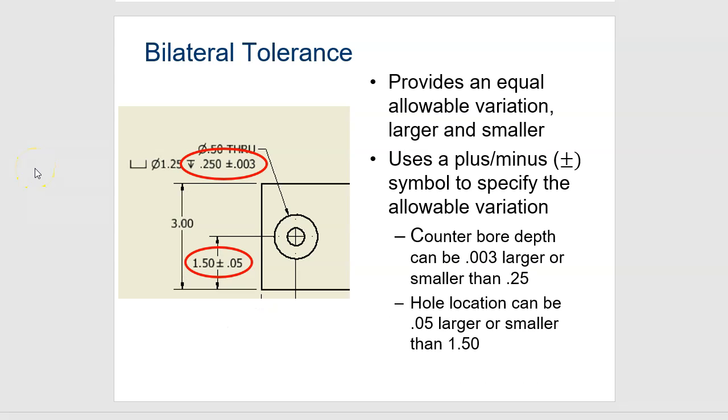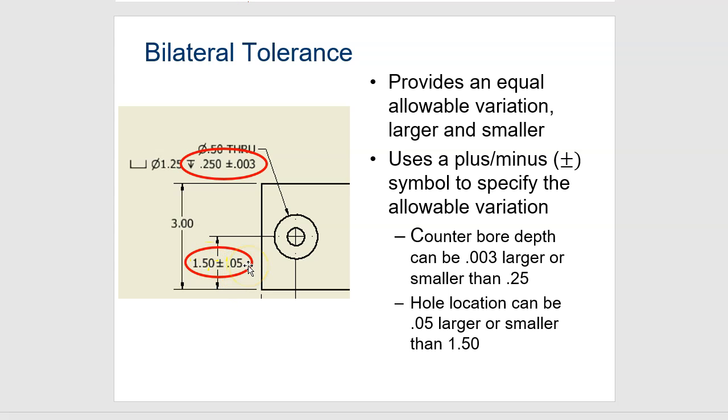Bilateral tolerances include a plus or minus sign, and then it gives you a tolerance value or a limit value. In this case, we have 2 different ones here. We already talked about the 1.5. Notice the decimal places, and I saw a few people do this. There's 2 decimal places here, and there's 2 decimal places here.